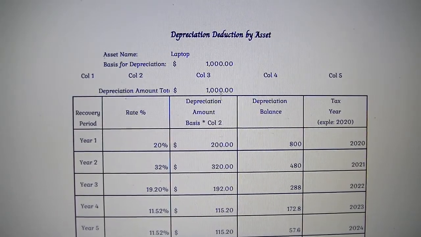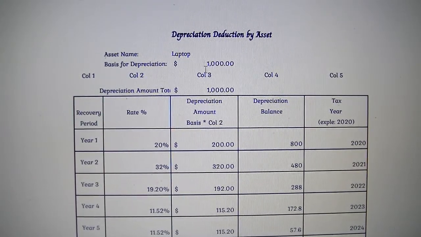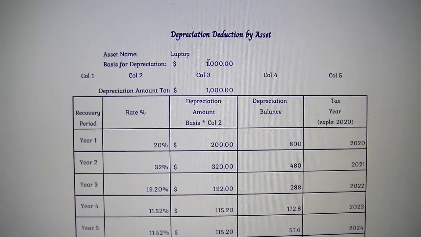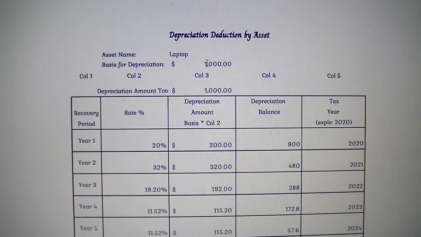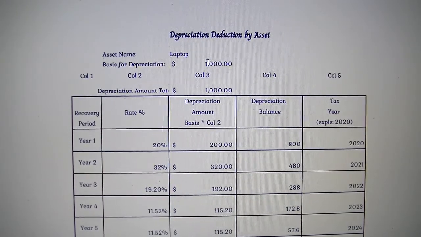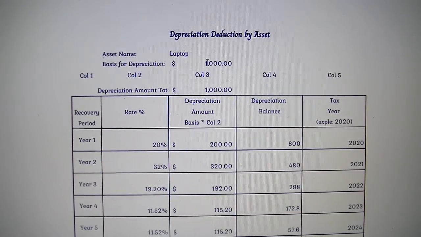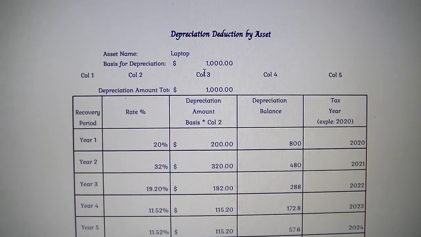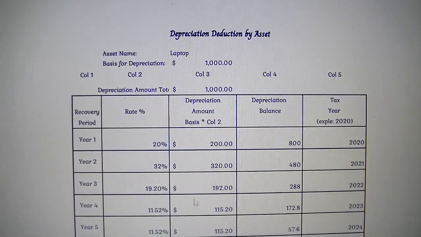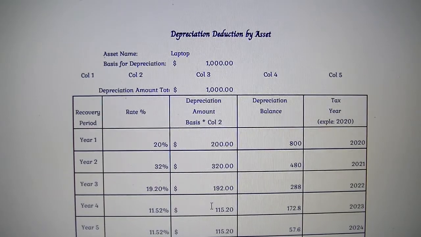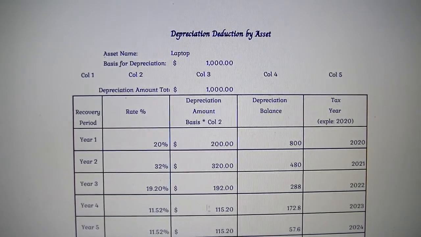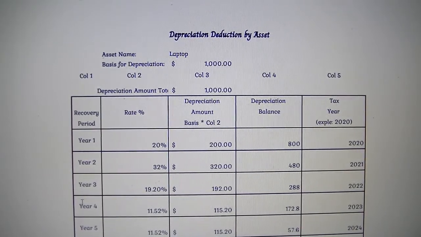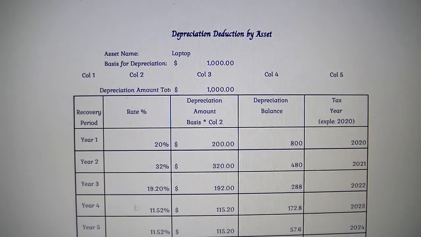As long as that basis didn't change due to casualty or theft loss deduction, which in that case you'll stop using this rate and calculate the depreciation deduction on your own. As long as it didn't change, we'll keep using that basis for depreciation times the rate that corresponds to the year we are going to file the tax for.